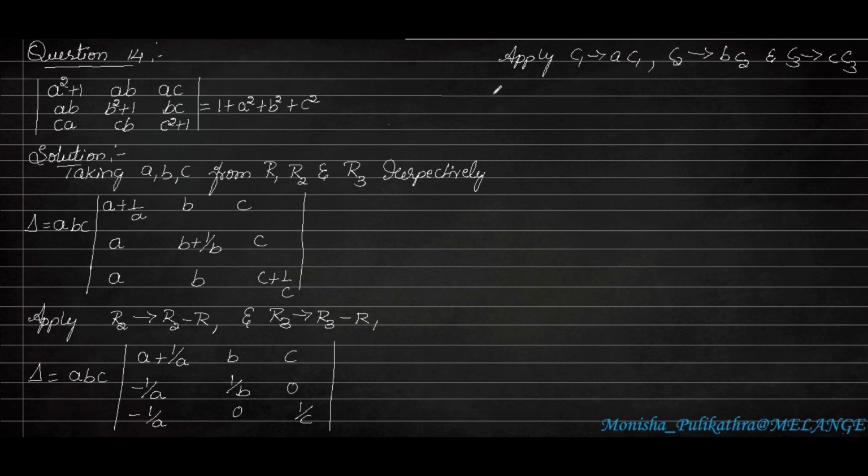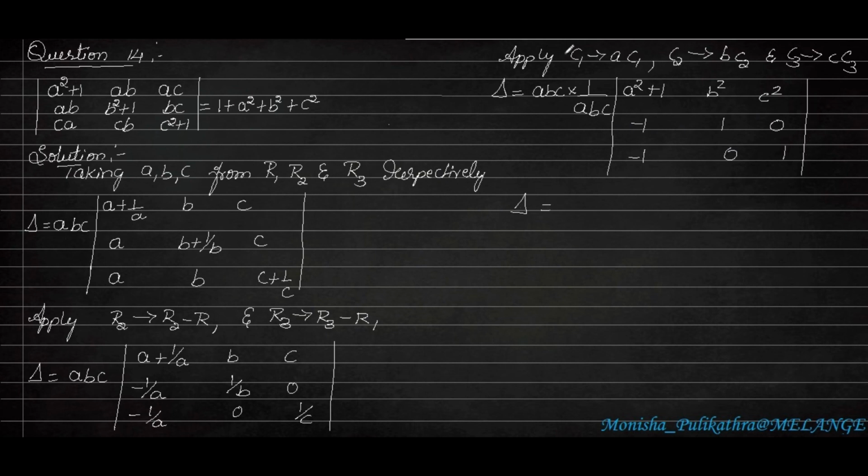So here we will get delta is equal to abc into, since I have multiplied abc to the columns, we will get a square plus 1 and b square and c square. Next minus 1, 1 and 0. Here it will be minus 1, 0 and 1.